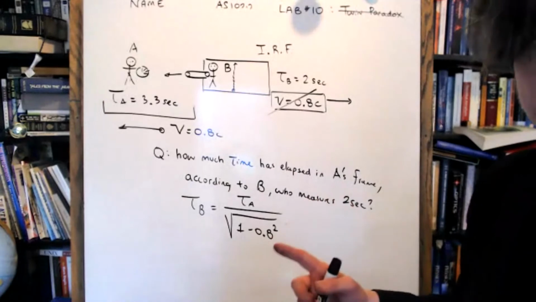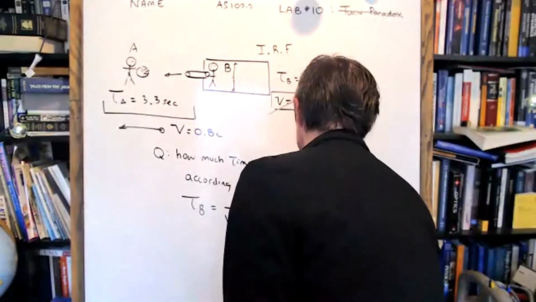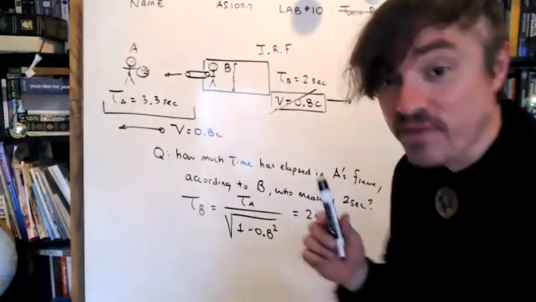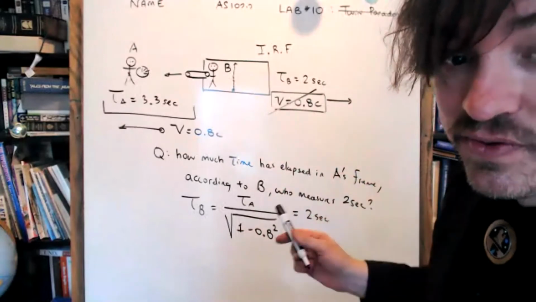And we already decided that TB, which is now the observer's time, is 2 seconds.